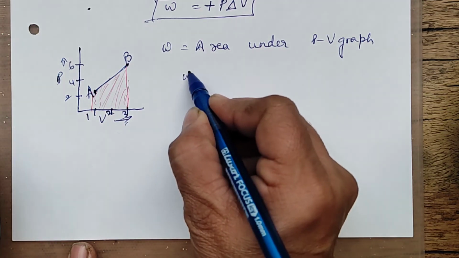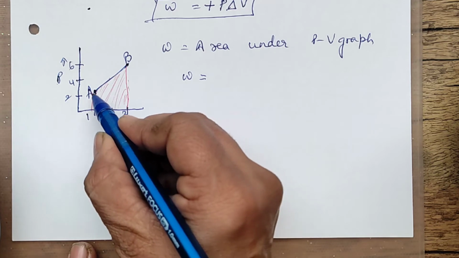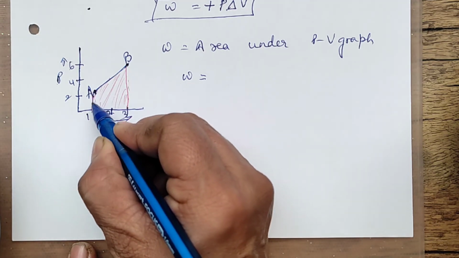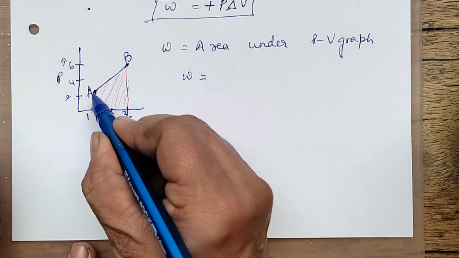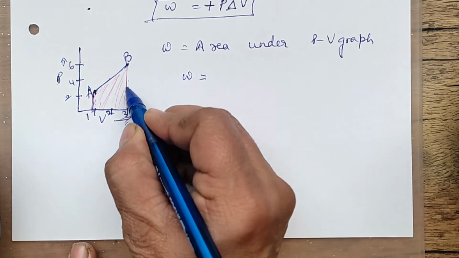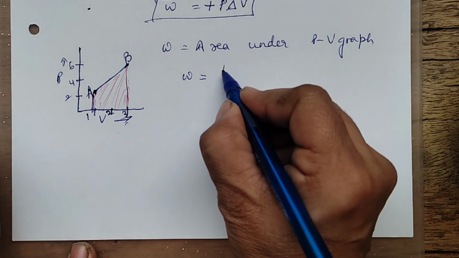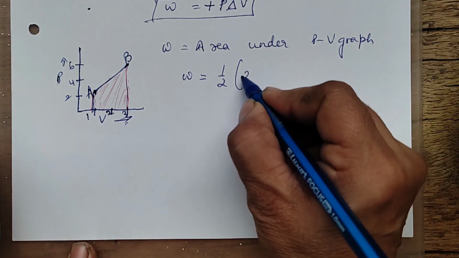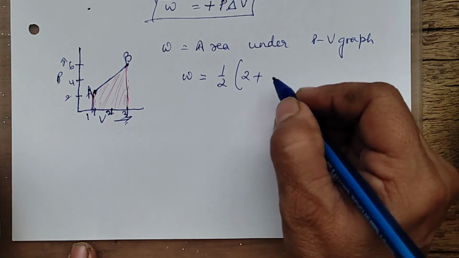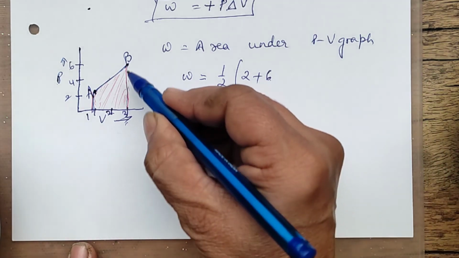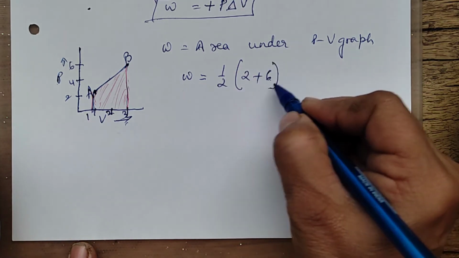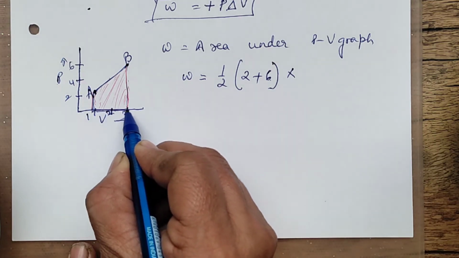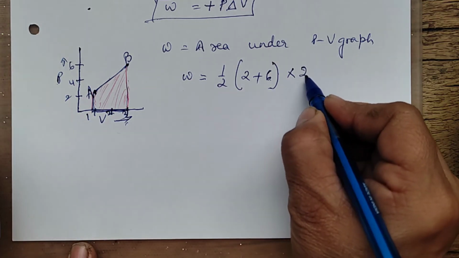The work done will be equal to half of the length of one parallel side, which is 2, plus the other parallel side, which is 6, into the height, which comes out to be 2.